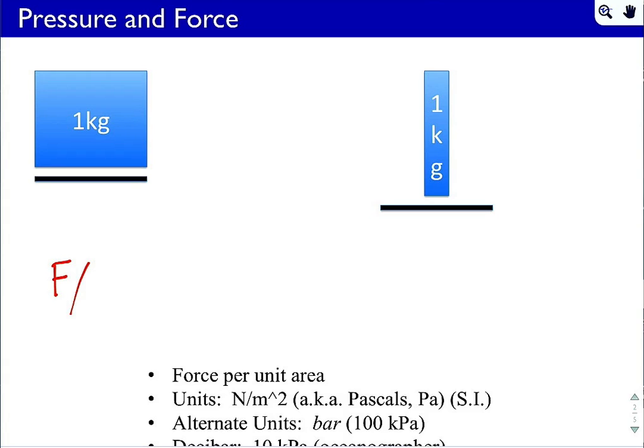So if we consider for a moment this mass here of 1 kilogram, and we have the same mass here, 1 kilogram. In this case, let's say this is a 1 meter by 1 meter block.